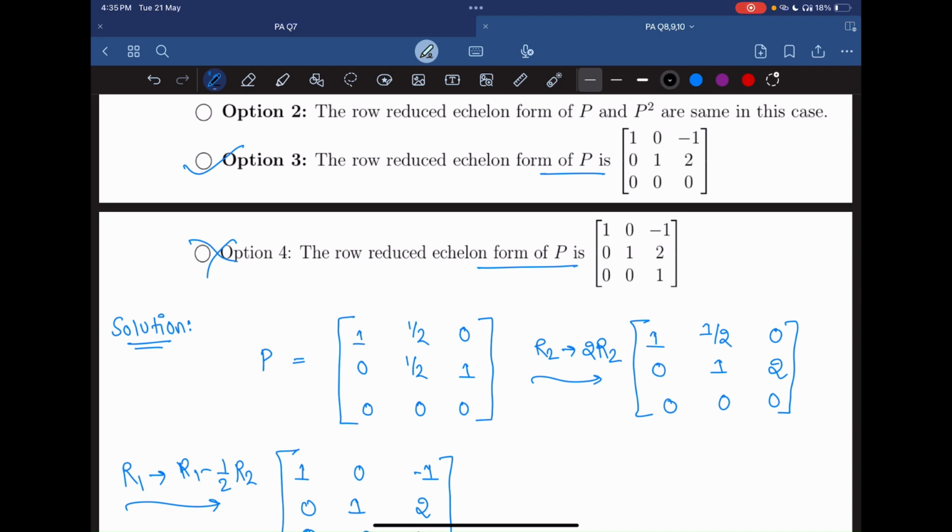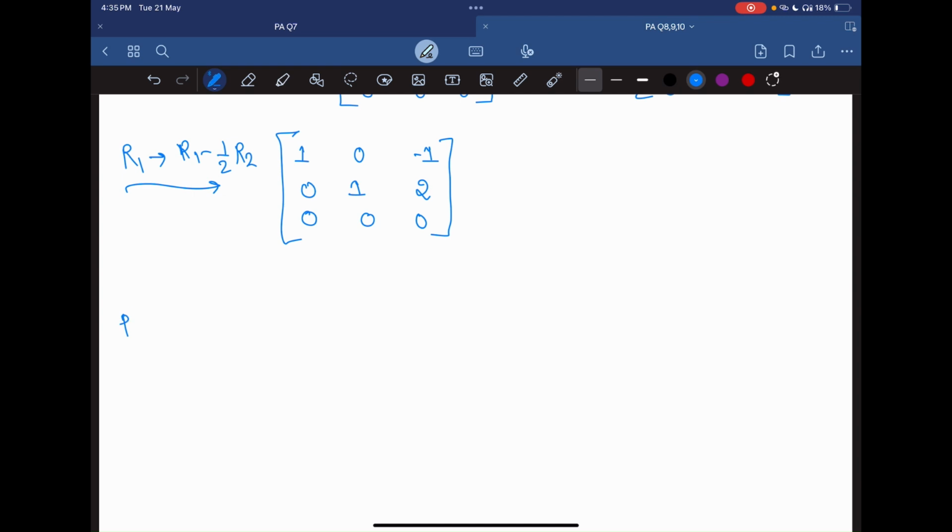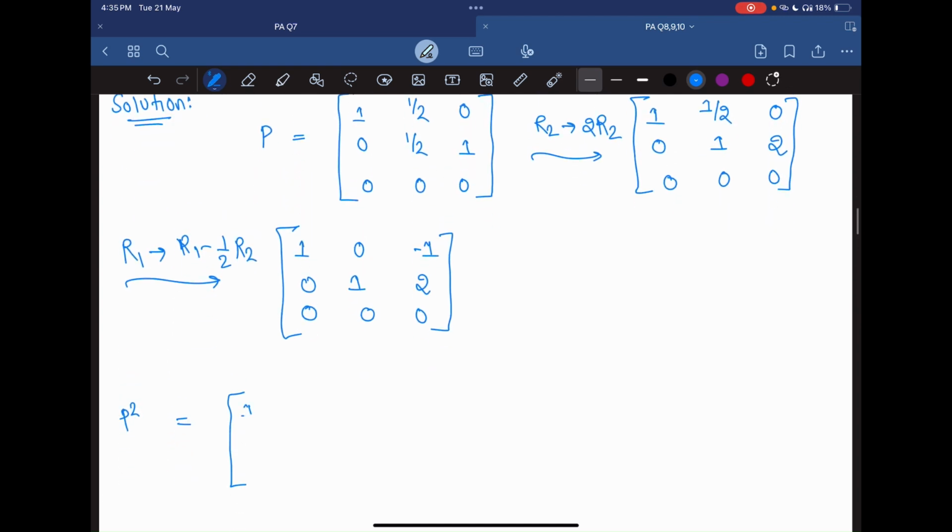So now let's look at P square also. So P square would be our P matrix here, 1, 1 by 2, 0, 0, 1 by 2, 1, 0, 0, 0, times 1, 1 by 2, 0, 0, 1 by 2, 1, 0, 0, 0.